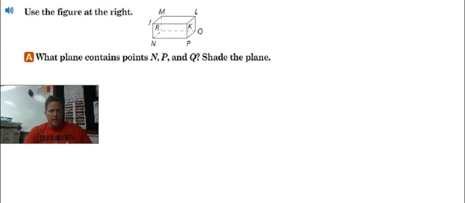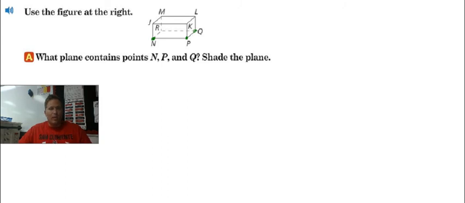Alright, and our last one, problem number 4. Again, draw a picture and write the question. What planes contain points N, P, and Q? Shade the plane. So here's point N right here. Whoa, that's a highlighter. I wanted a pen, to make it a little bit smoother. Yeah, it'll be a lot better. So here's point N, we have point P right here, and we have point Q. Those are not on a line, so they are non-collinear.